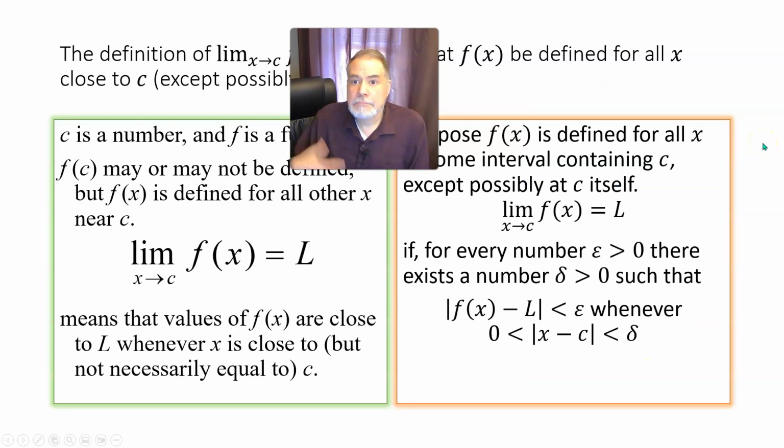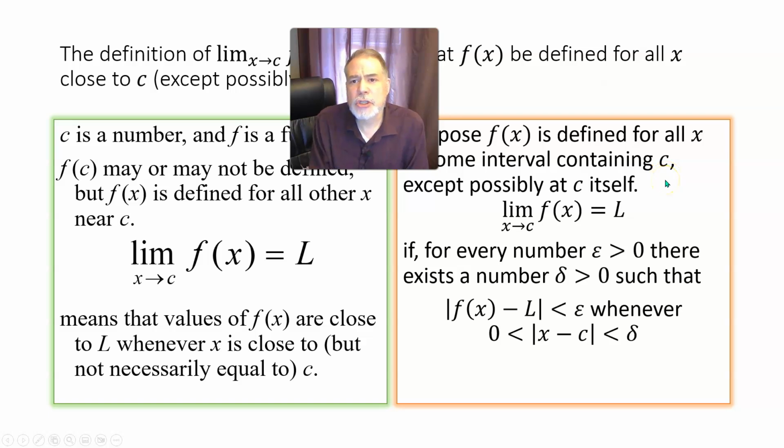Now, if you remember my previous videos, or if you've studied limits, and you've seen either the informal or the formal definition of a limit, part of the background, the conditions behind that definition is that the function has to be defined for all x close to the number it's approaching. f of c may or may not be defined, but f of x is defined for all other x near c, or for all x in some interval containing c, except possibly at c itself.